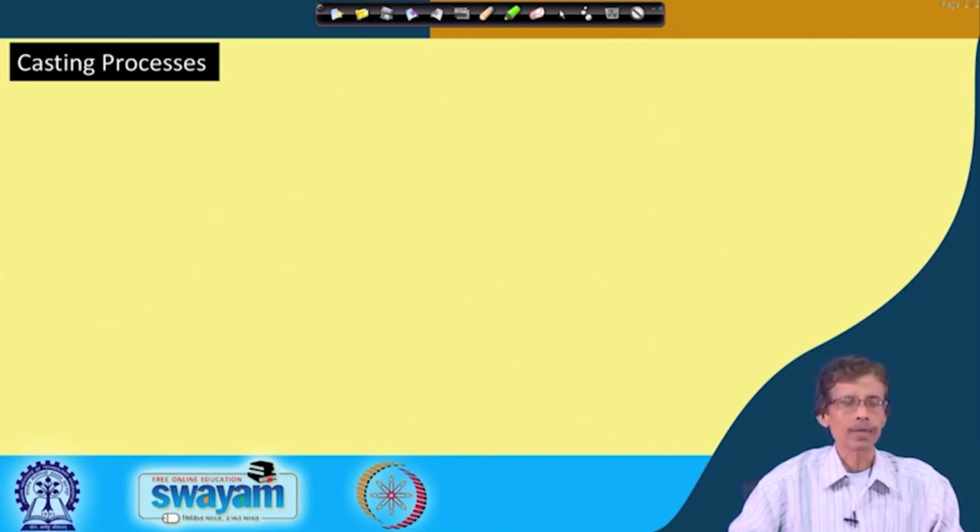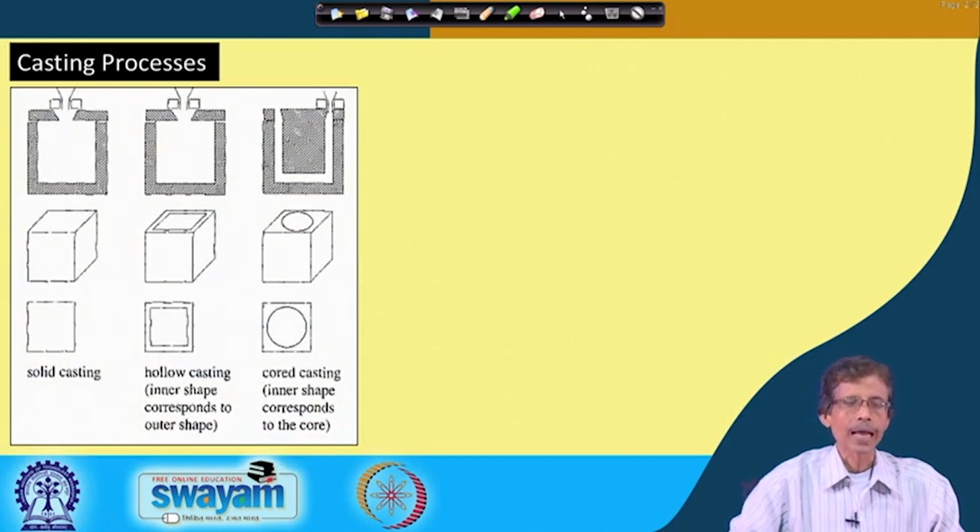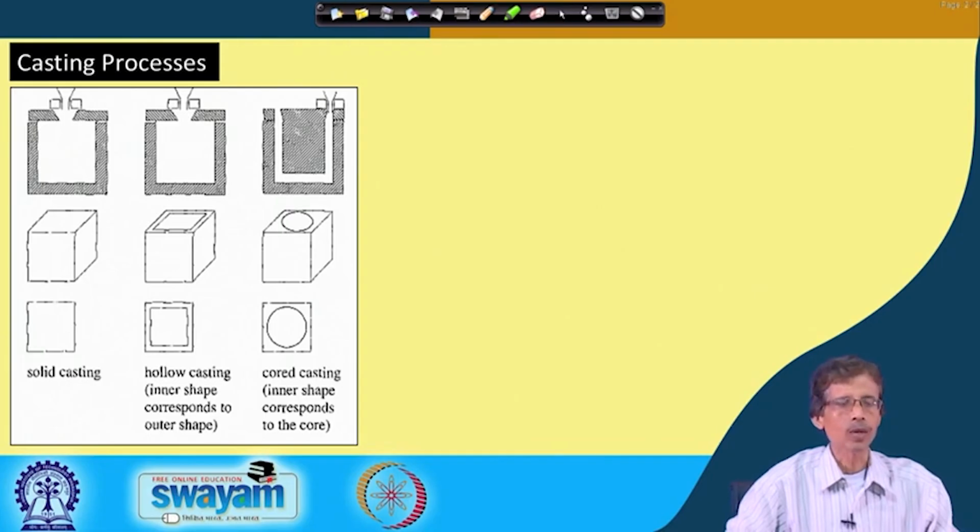We know how we cast a particular type of material, and it is also true for ceramic material. So we can have a particular type of mold or template in our hand, and the casting is done in three different categories. The first one is known as the solid casting process, and in that, either it can be a plate-like or sheet-like thing, or it can be a three-dimensional one.